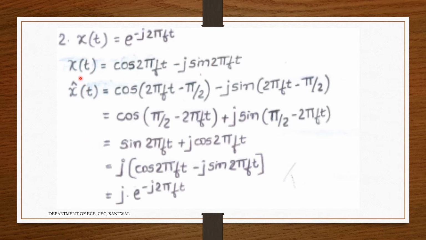Now, when I take the Hilbert transform, x cap of t equals cos of 2 pi ft minus pi by 2 minus j sin of 2 pi ft minus pi by 2. I have taken the pi by 2 shift directly just to confirm how it will act. So I just shifted it, cos of pi by 2 minus 2 pi ft, plus j sin of pi by 2 minus 2 pi ft.